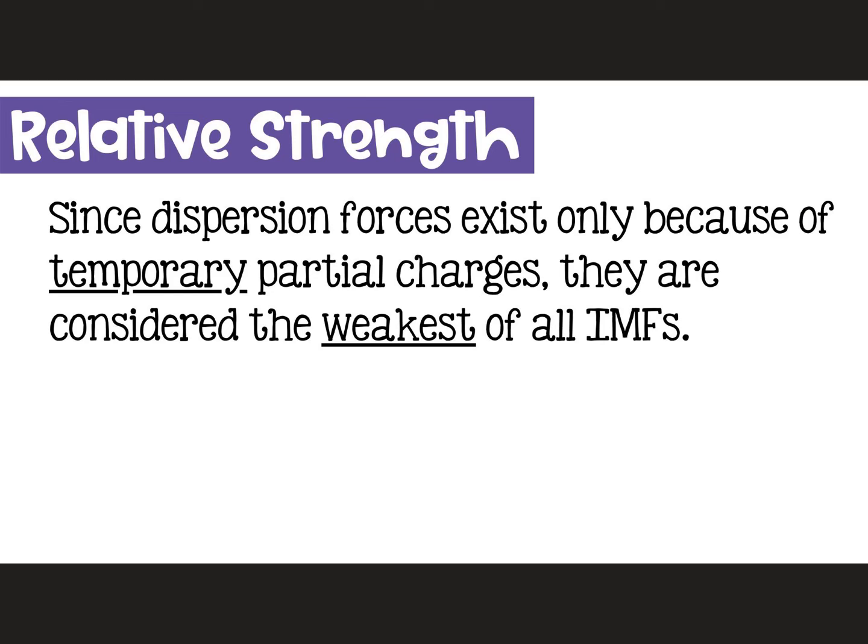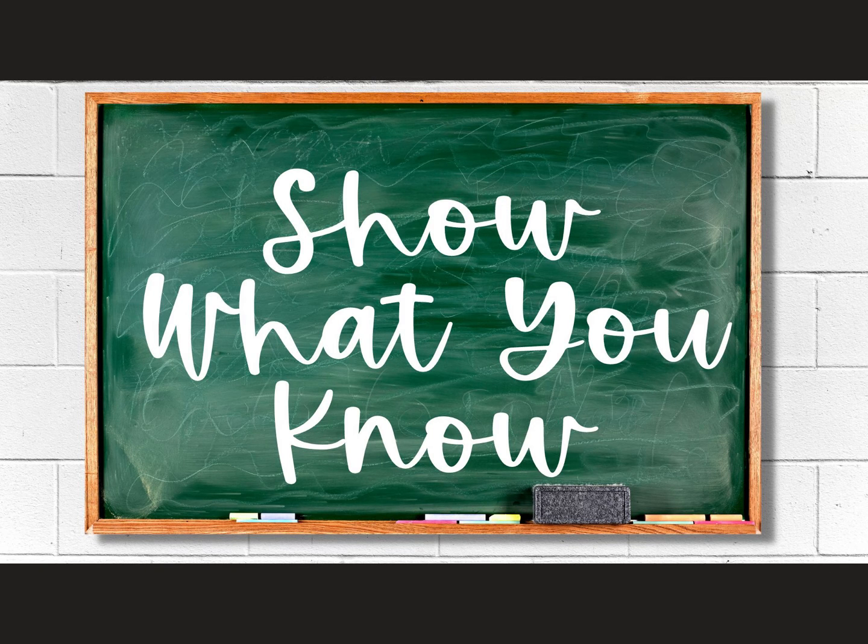Since dispersion forces exist only because of temporary partial charges, they are considered the weakest of all intermolecular forces. So, as of right now, we know that hydrogen bonding is extra strong dipole-dipole, and dispersion forces are weaker than dipole-dipole forces. Now, pause the video and try the show what you know questions.